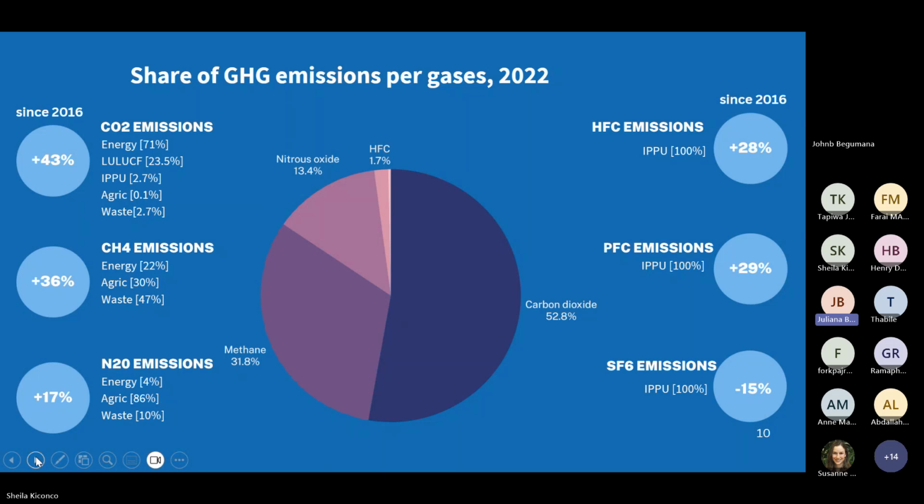This was followed by PFC emissions from the IPPU sector, contributing 29%, then HFC emissions, again from IPPU, contributing 28%, then nitrous oxide contributing 17%, and lastly SF6 emissions contributing 15%. We have all the different sector contributions for each of the gases listed under them. Next slide, please.